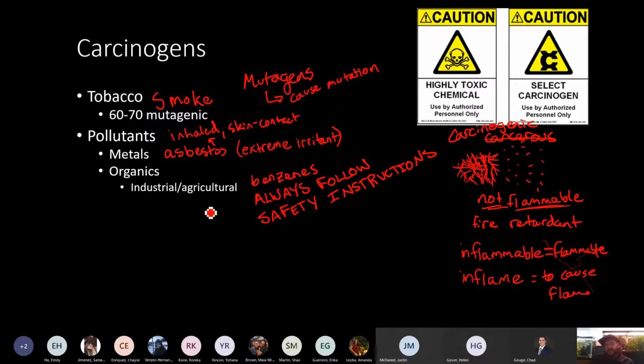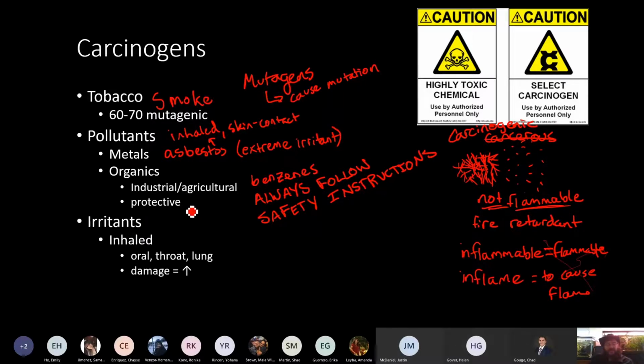So, you know, don't take a bath in your extreme phosphine pesticides. Use protective gear.